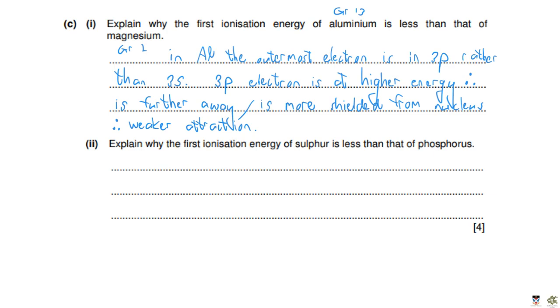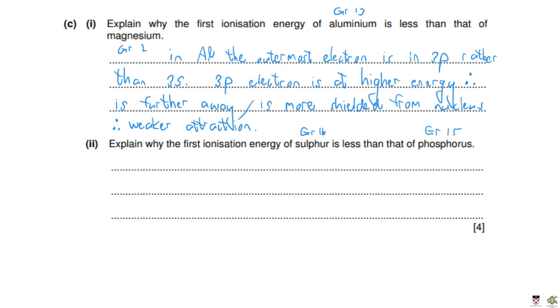Explain why the first ionization energy of sulfur is less than that of phosphorus. This is that second exception as we go across the period, where we have sulfur in group 16 and phosphorus in group 15. How do we explain the dip in ionization energy as we go from group 15 to group 16?